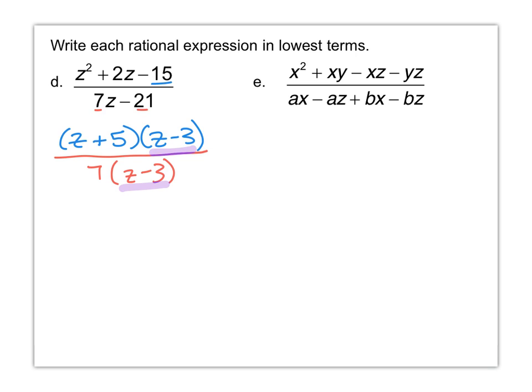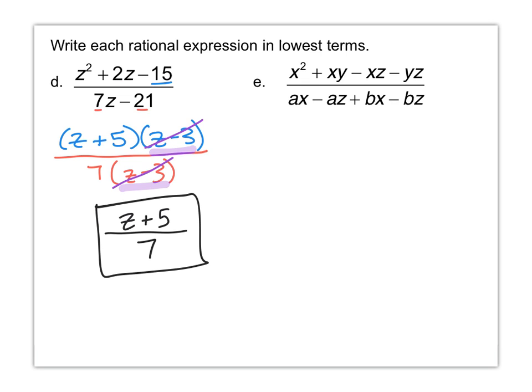So that's the greatest common factor that can be divided out of both the numerator and the denominator. The resulting expression can be written as a rational expression using z plus 5 in the numerator and 7 in the denominator.